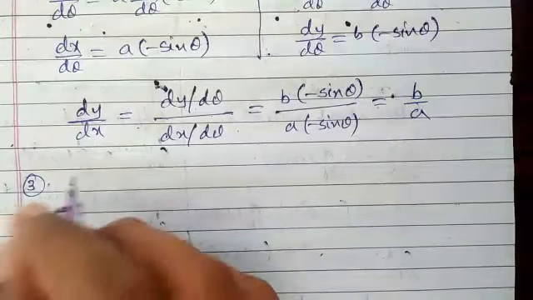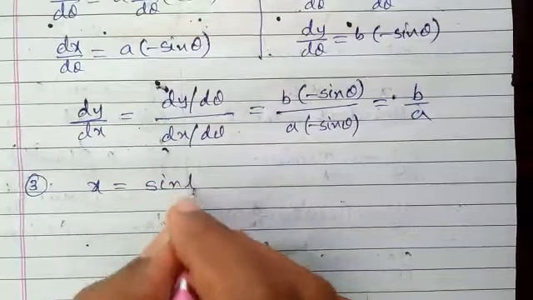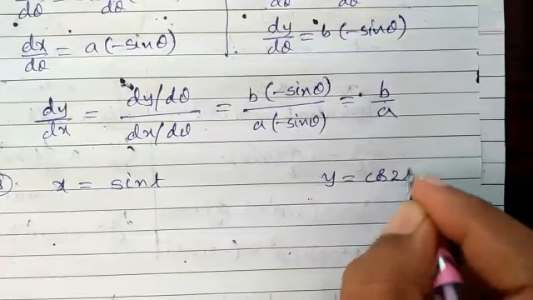And the third one, x is equal to sin t, y is equal to cos 2t.